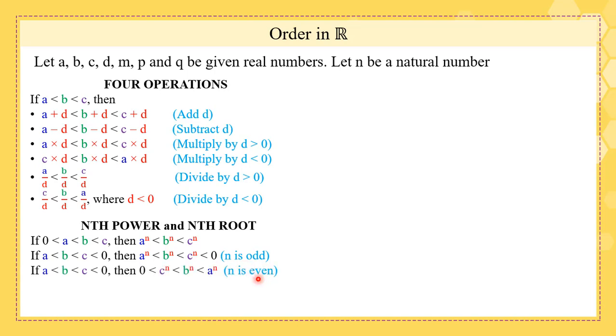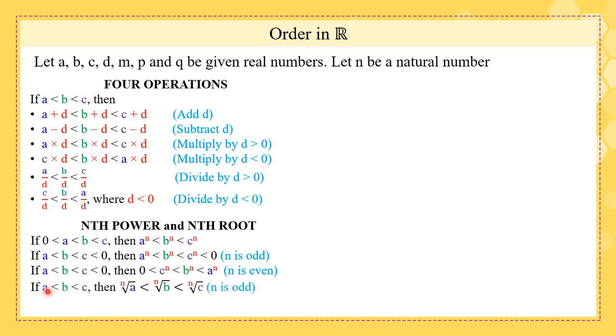Whereas if n is even, we say that 0 is smaller than C power n smaller than B power n and smaller than A power n. Remember, because if n is even, all of these numbers, when we raise them to an even power, become positive.